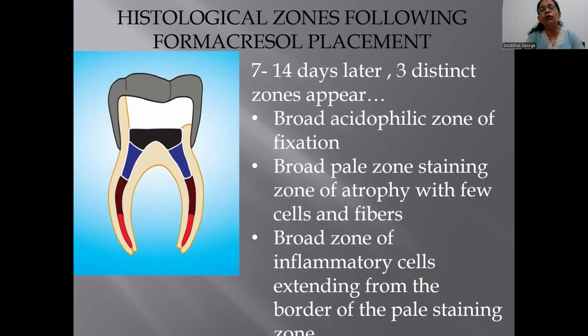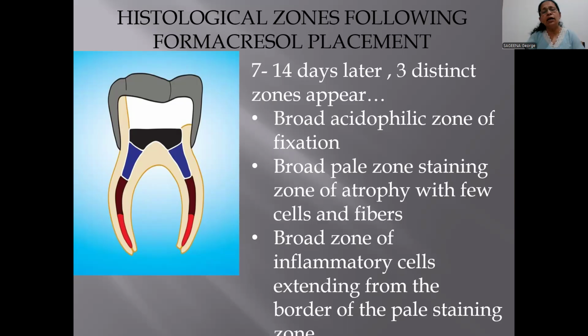And 7 to 14 days later, 3 distinct zones appear. One is a broad acidophilic zone of fixation. Second is a broad pale staining zone with minimum cellular definition. And lastly, a broad zone of inflammation which merges with the normal pulpal tissue.